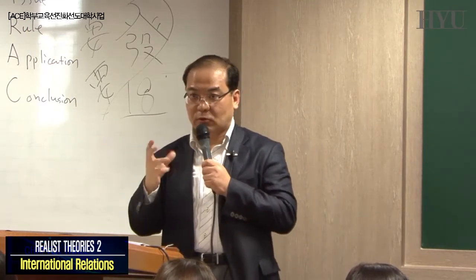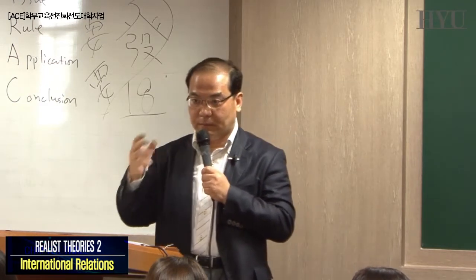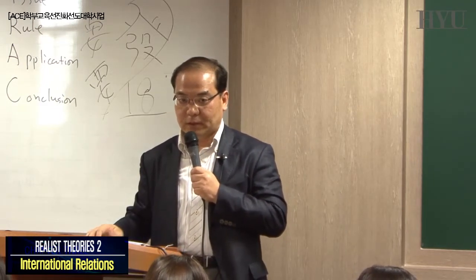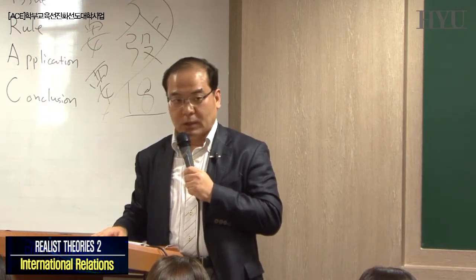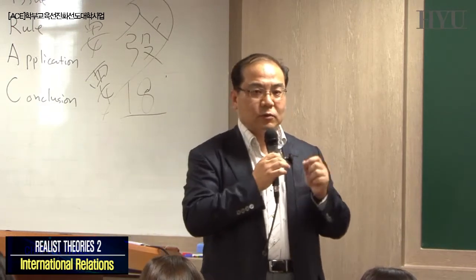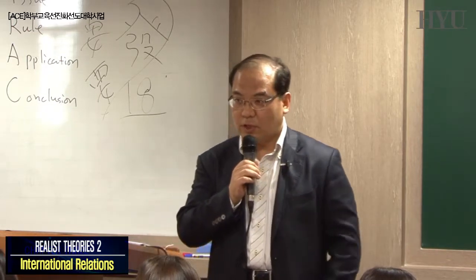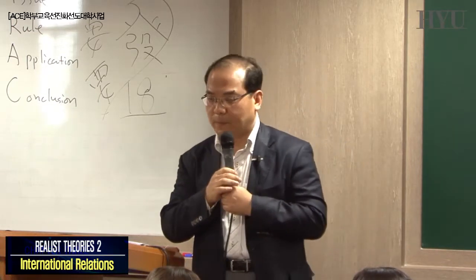Five to six equally powerful countries balance each other. That's a multipolar system. The textbook says a tripolar system is also possible.